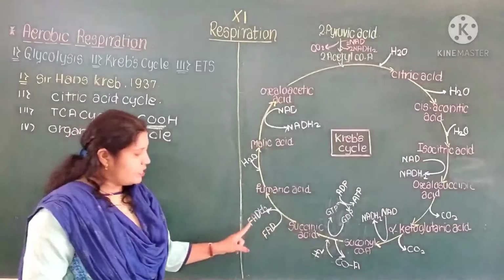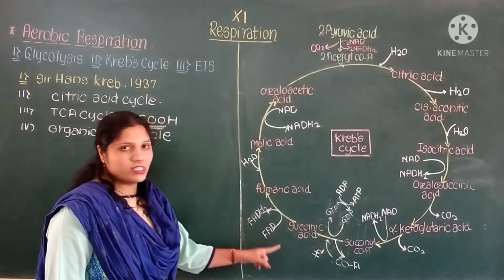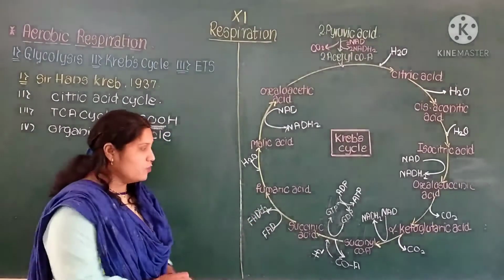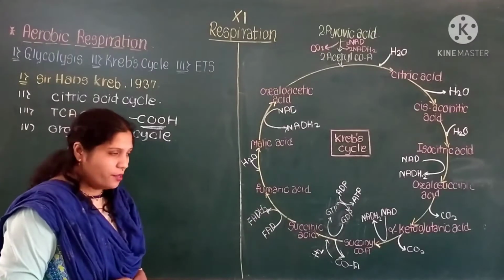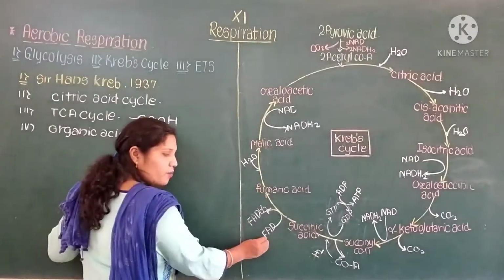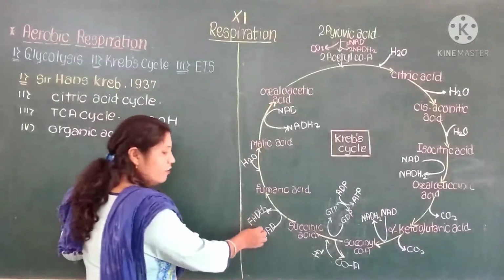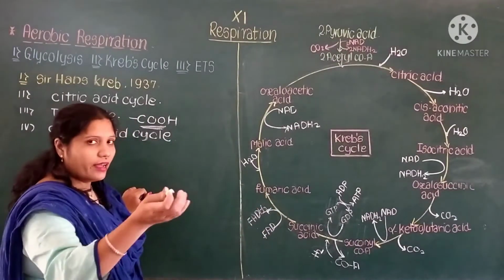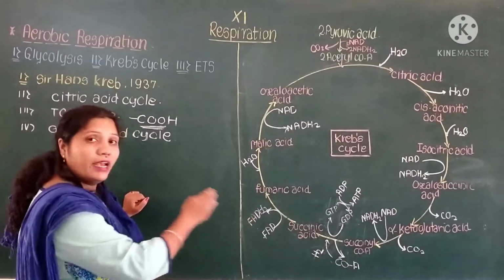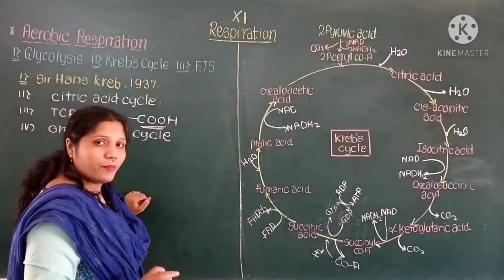Then the next process is oxidation. From this succinic acid, hydrogen gets removed and accepted by FAD, which gets converted into FADH2. I have already explained what NAD, FAD and ATP are in the last lecture.